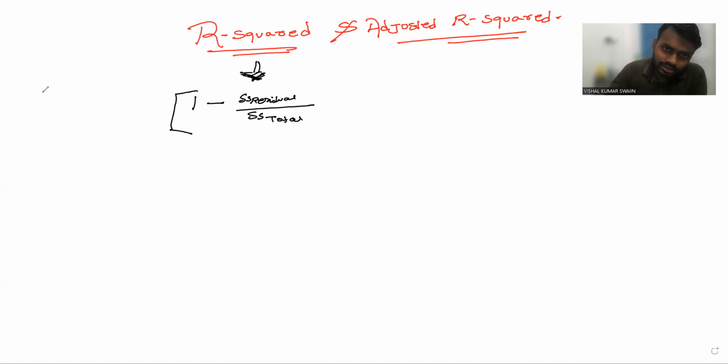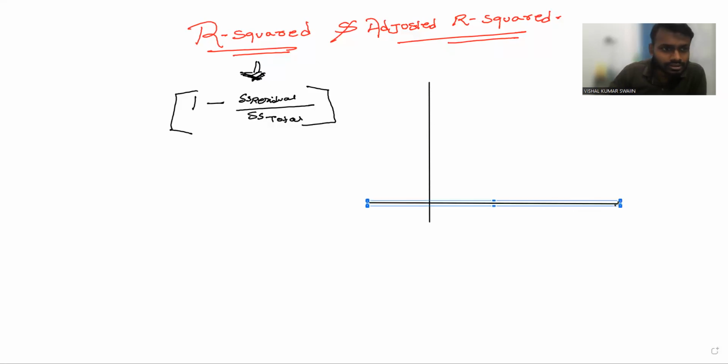First of all, understand what the sum of the residual and the sum of the total are. If I draw the graph, it is like this. Assume that this is a data point.